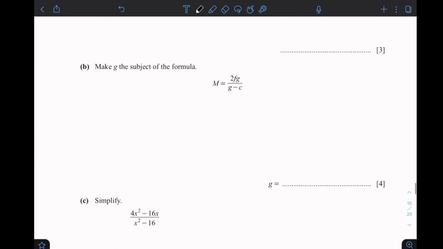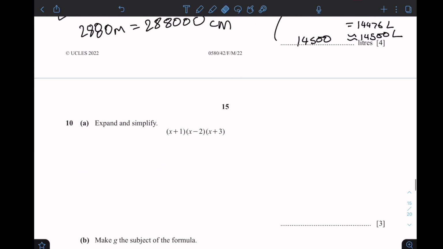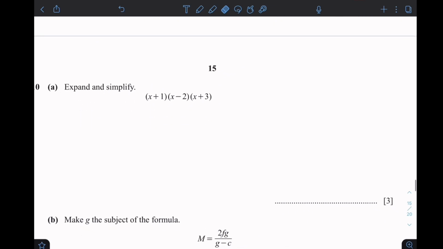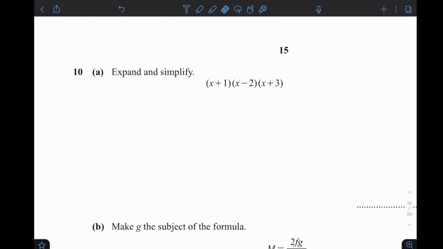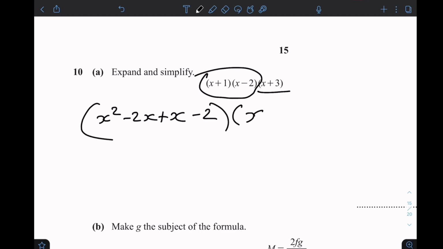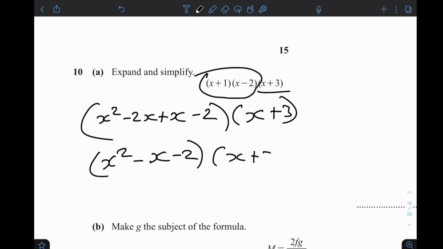And now this is pretty simple, so I'll just go through this. So let's just expand this, then we can involve this. So x squared minus 2x plus x minus 2, times x plus 3. So x squared minus x minus 2 and x plus 3.